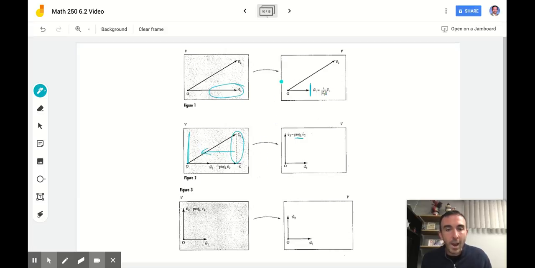So these three actions all together, we start out like this in figure 1, and we end up with this nice, neat orthogonal set here in figure 3. So if you want to take a look at it, I think it's a cool way to understand the meaning behind some of the formulas in this section, because the formulas can get a little cumbersome.